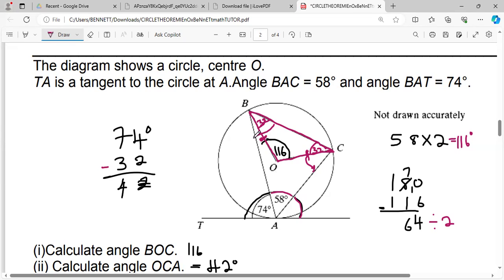We just want to double check to make sure we get the correct answer. So work out this and then we put it in this and see if all of the angles in the triangle come up to 180. We can double check to see if we're correct. It's very important to double check just in case you make a little mistake.